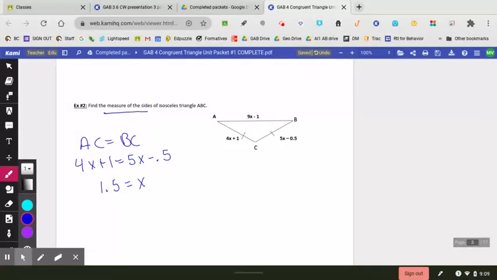I use my calculator. Up here I do 9 times 1.5 minus 1, which equals 12.5. And then 5 times 1.5 minus 0.5 is 7, which means this is also 7.